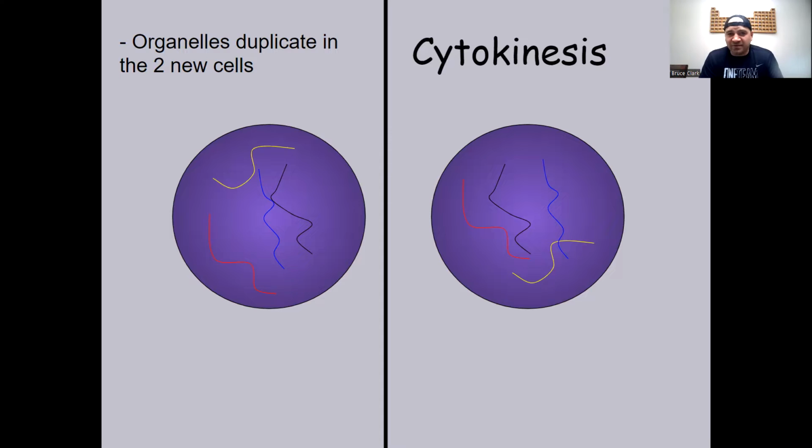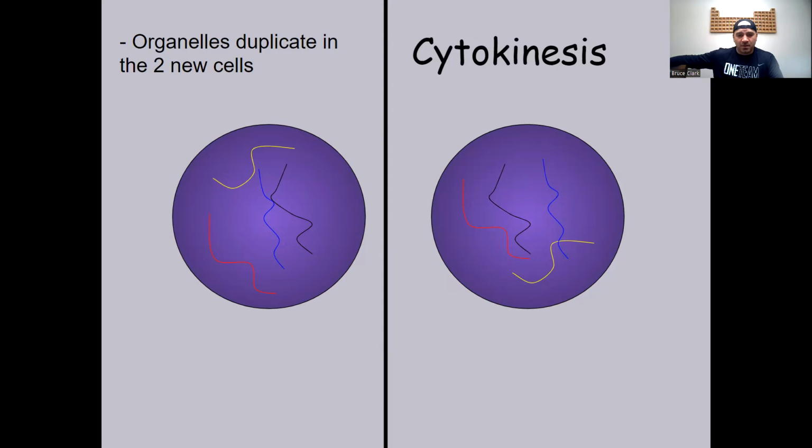It's just not as vital as making sure that we have the right number of chromosomes. So cytokinesis, cell organelles duplicate in two new cells, and there's a clear division, and we went from one cell to two cells. So those are the stages of mitosis in order, with a brief description of what's going on.